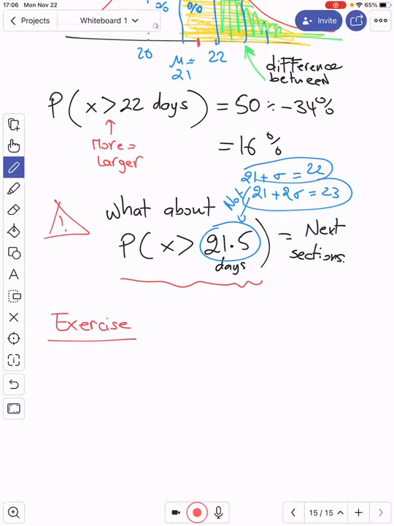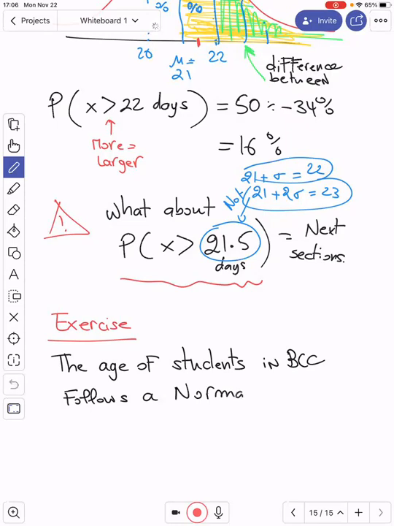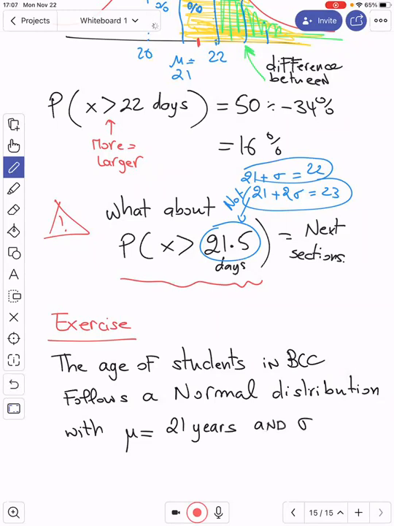But another exercise. Let's say the age of the students in BCC follows a normal distribution, with an average age of, let's say, 21 years, and standard deviation sigma of half a year, so 0.5.